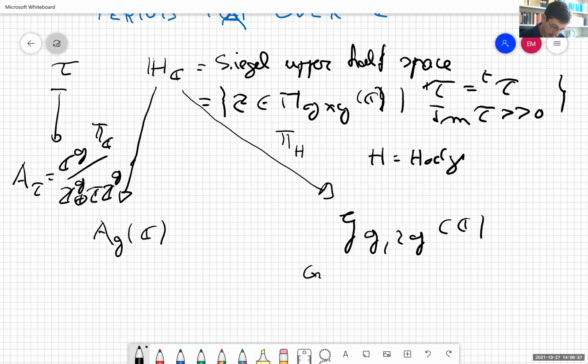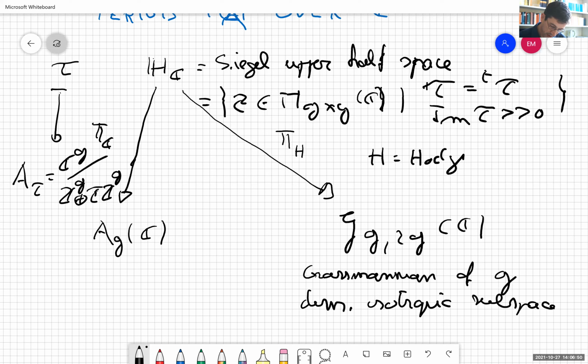So this is the Grassmannian of g-dimensional isotropic subspaces of C^2g, which we endow with the standard symplectic form. Okay, so there's a symplectic form that makes it sensible to talk about isotropic subspaces.